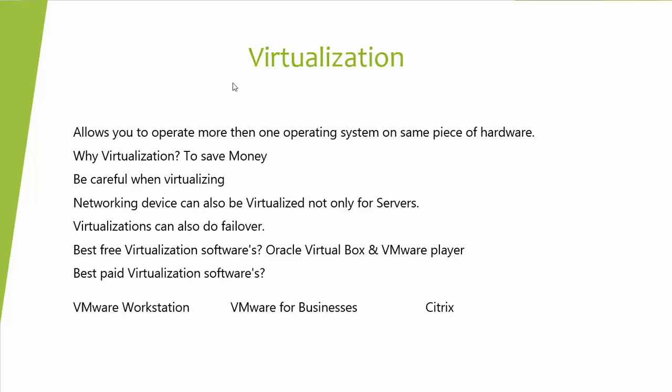And one thing that I really want to tell you is virtualization is really useful to save money, because most of the time the reason you install two or more services on the same piece of hardware is to save money. But let me give you an example. I have server 1 and server 2, and this server is for Exchange and this server is for the SMTP service.